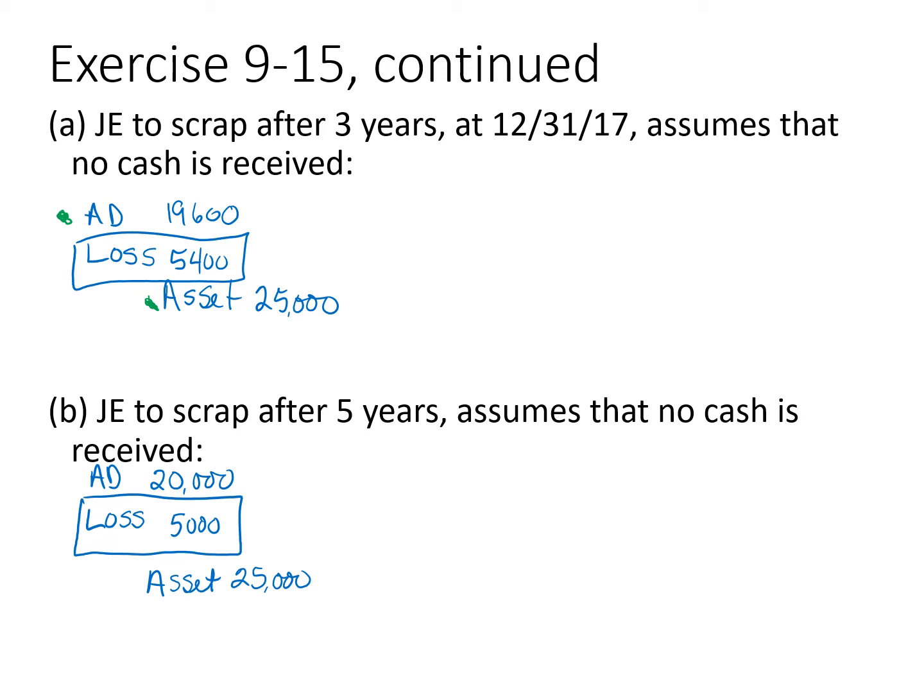What if I scrap it after 5 years? Well, then my accumulated depreciation would have a balance of $20,000, and I credit my asset for its cost, and the loss would rise to $5,000 because that's what I would need to make that entry balance.